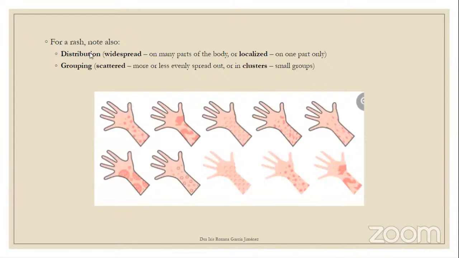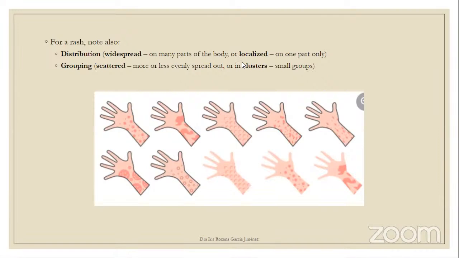For a rash, we also have to consider the distribution and grouping. Distribution: they could be widespread, I mean many parts of the body, like hands, legs, maybe the thorax, or localized, only one part of the body.